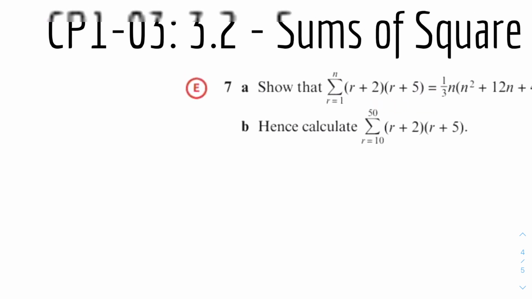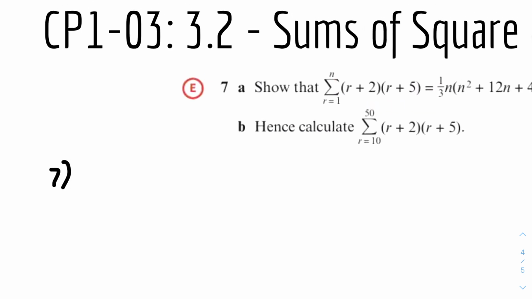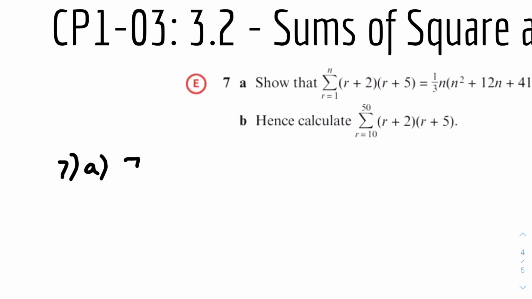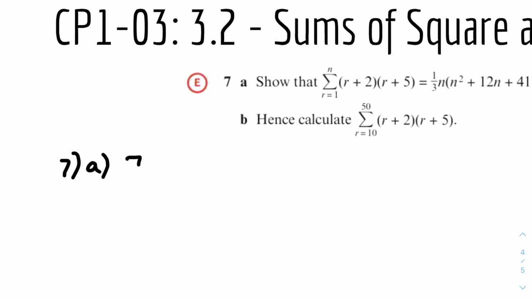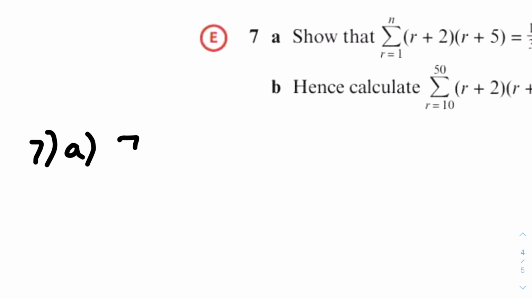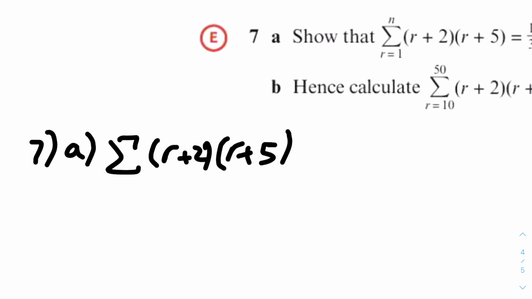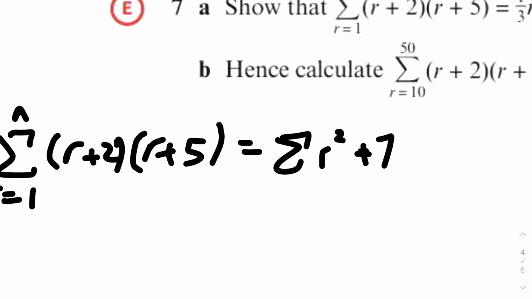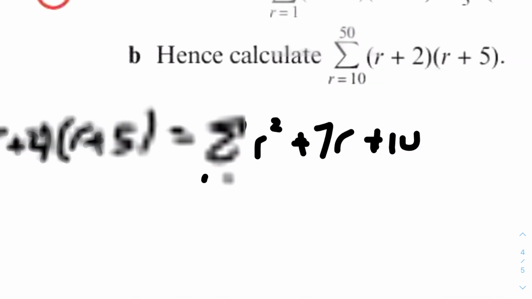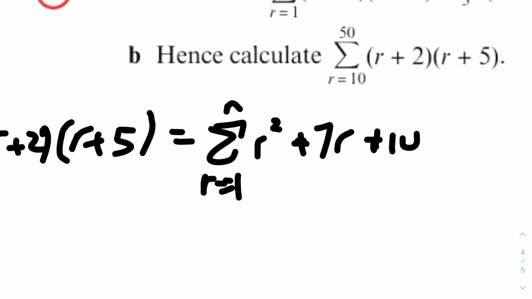Let me just expand it right here. 7a, the sum of r plus 2, r plus 5 from r equals 1 to n, and this equals the sum of r squared plus 7r plus 10, from r equals 1 to n.